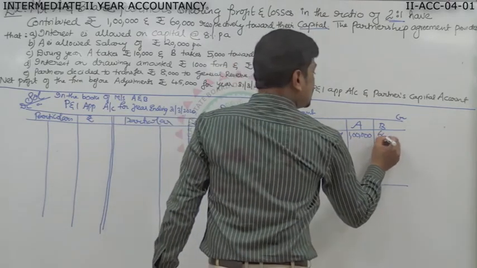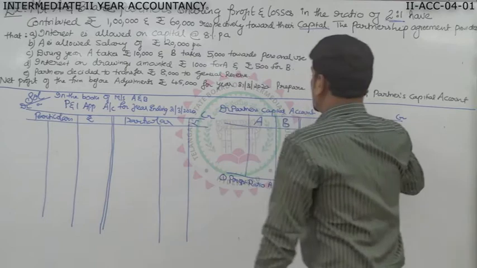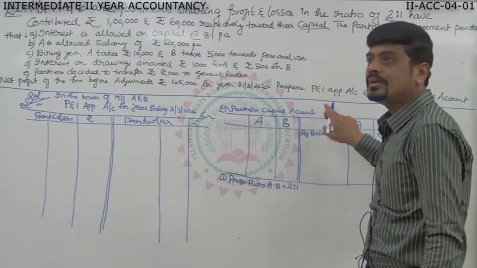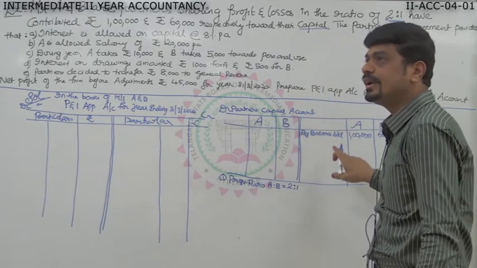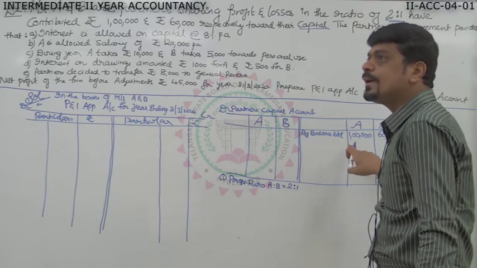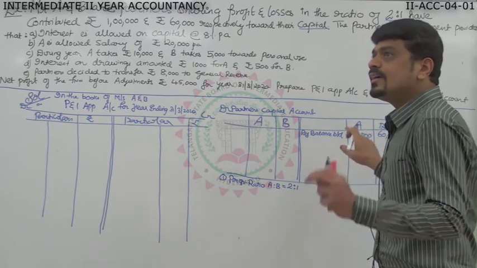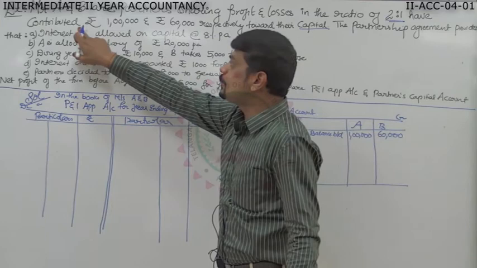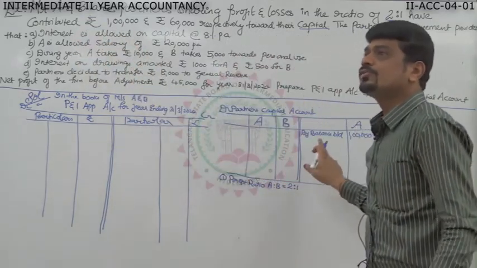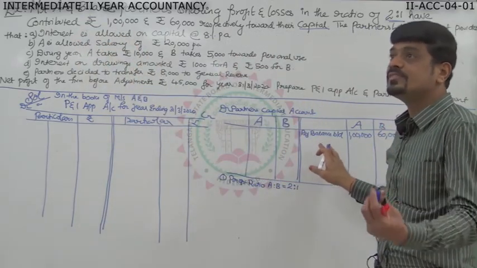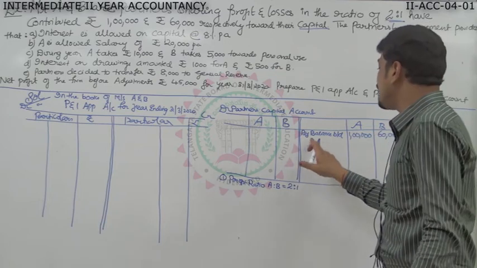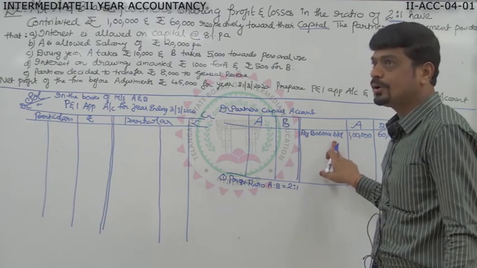Then 60,000. A partner's account is a personal account and a personal account shows a credit balance. So we wrote by balance brought down. There is another opinion: since they said contributed, you can write by cash also. But generally we assume the business was started previously, so they have the balance and we wrote by balance brought down.